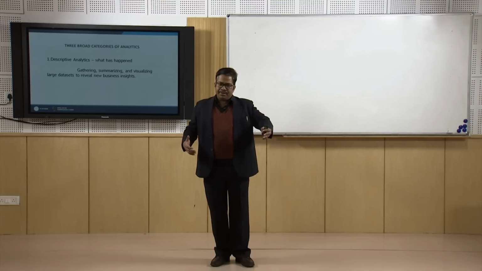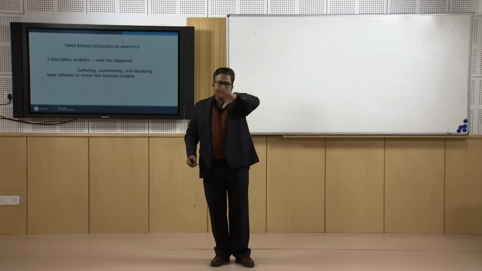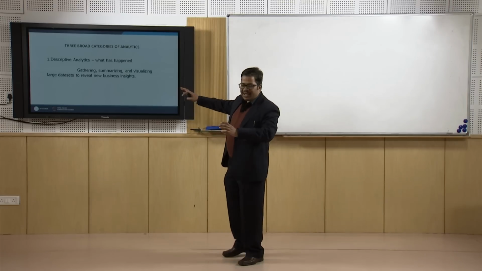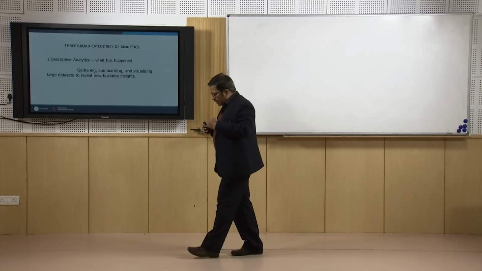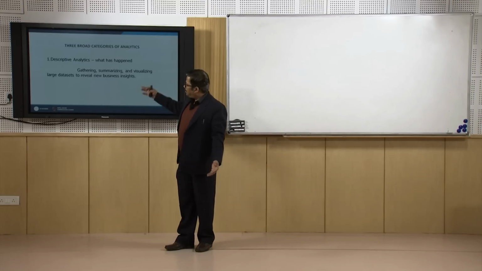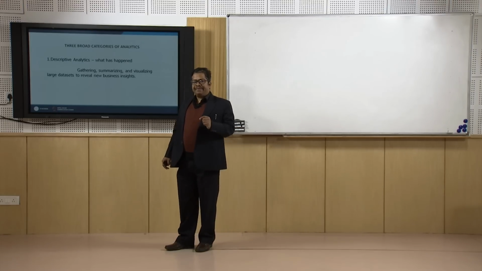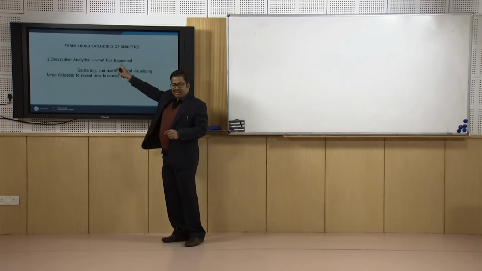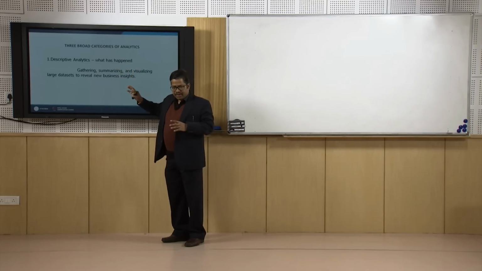The story about that situation is your descriptive analytics. Narrating a particular environment is descriptive analytics. So this is the first type, collecting the information and telling what has happened.